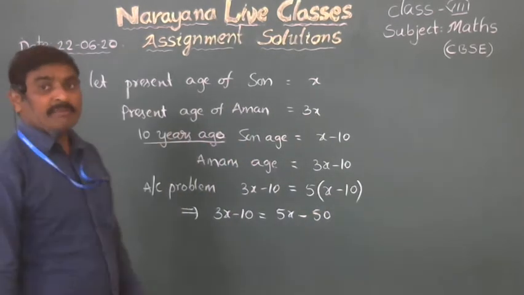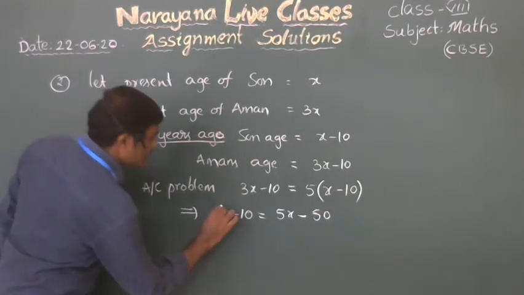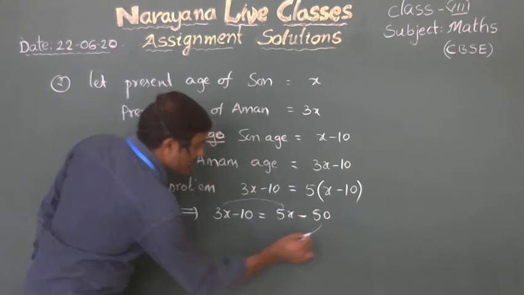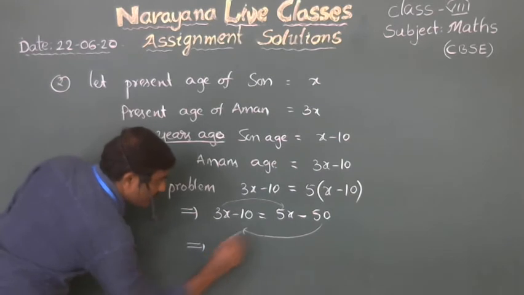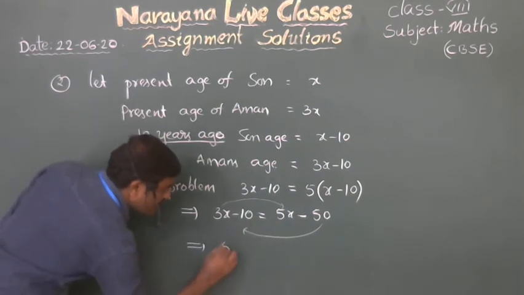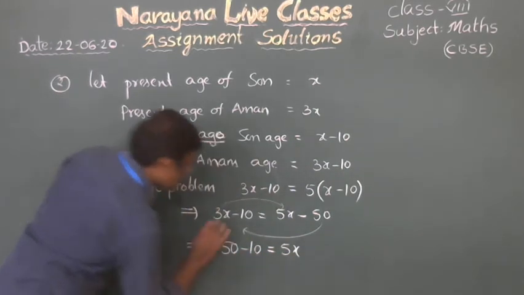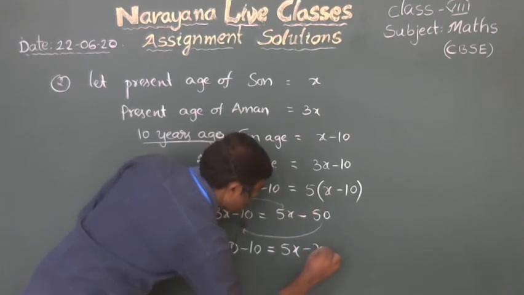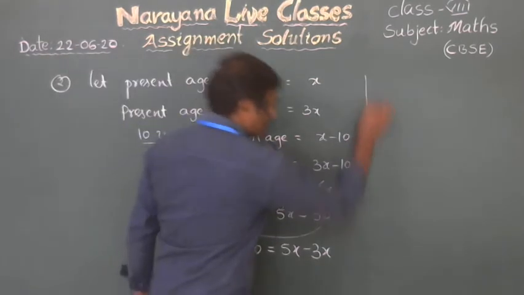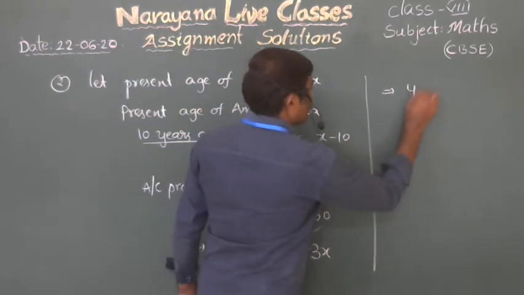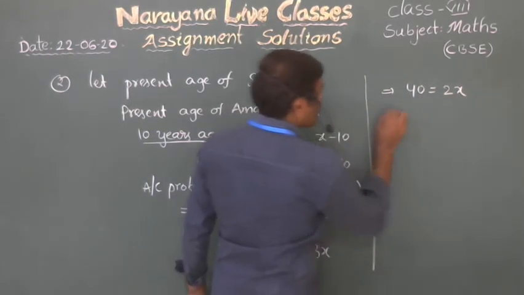Now all the variables will be transferred to one side and the constants to the other side. That means this 5x will be transferred to the right side, and this minus 50 will be transferred to the left side, which gives plus 50 minus 10 is equal to 5x, and this 3x will be transferred to the right side as minus 3x. 50 minus 10 is equal to 40, which is equal to 5x minus 3x, that is 2x.